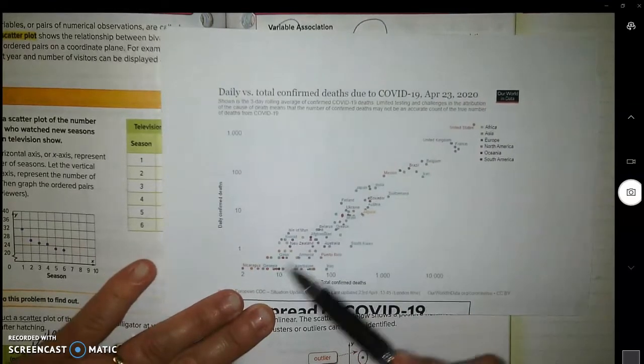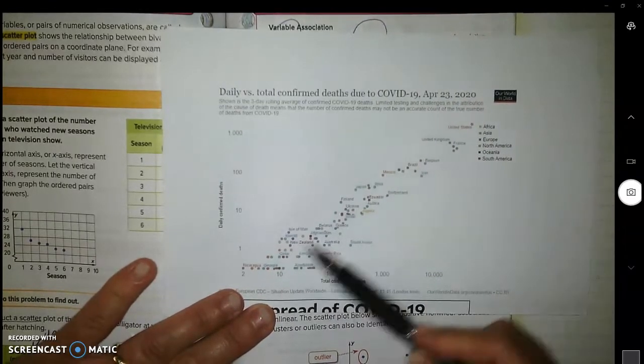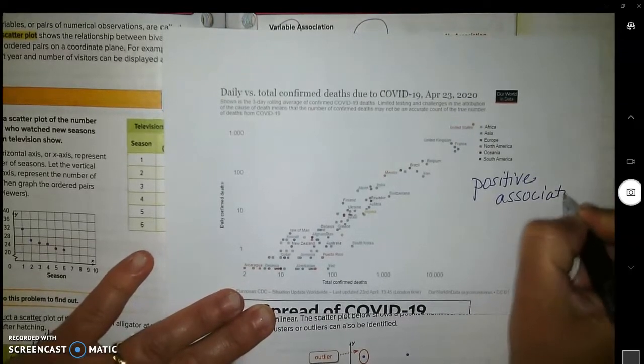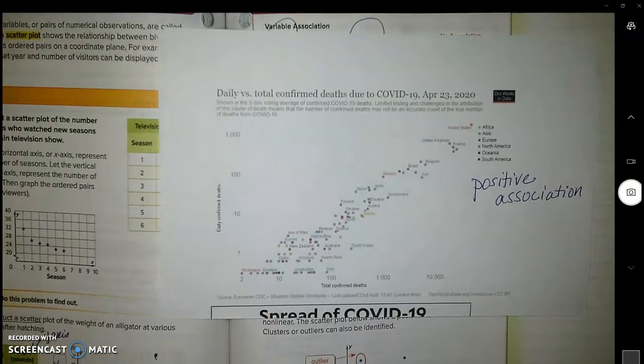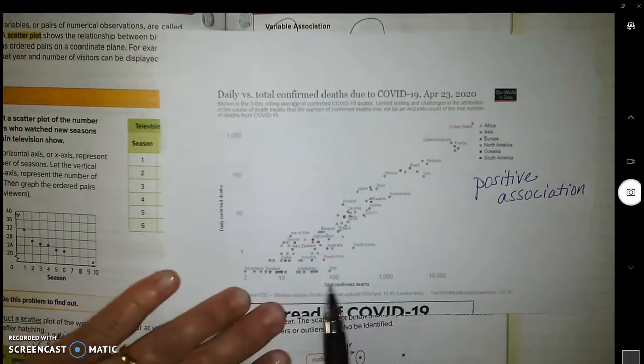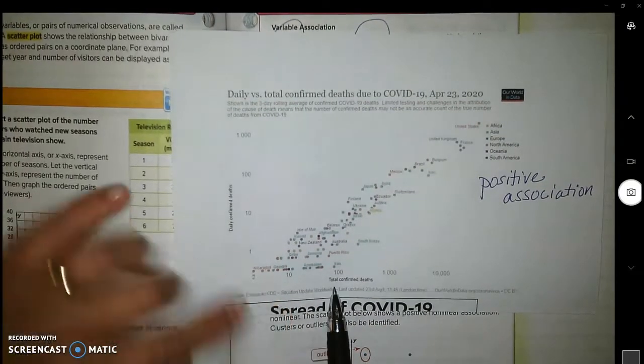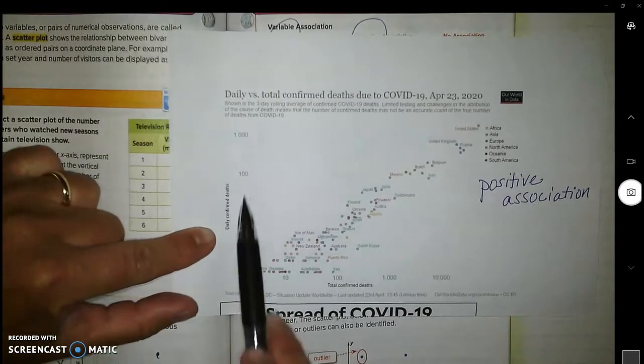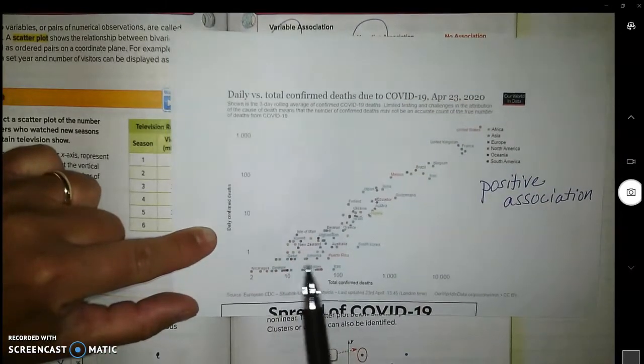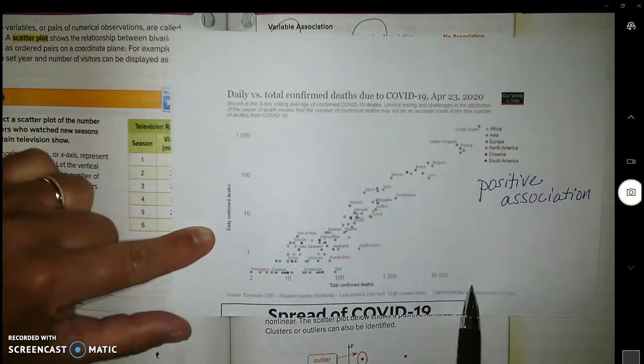The first thing that we can say with this one is that it has a positive association, right? There's definitely an increase. And we kind of look at it and say, okay, what is there an increase in? As the number of daily deaths goes up, the number of total deaths obviously is going to go up, and so that kind of makes a little bit of sense.